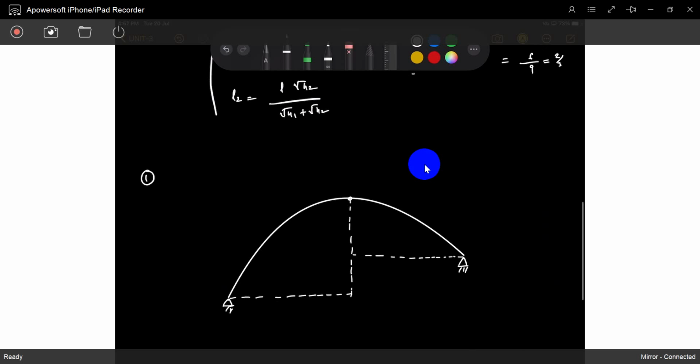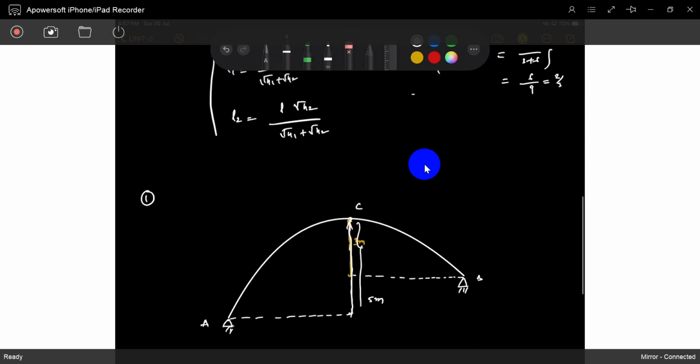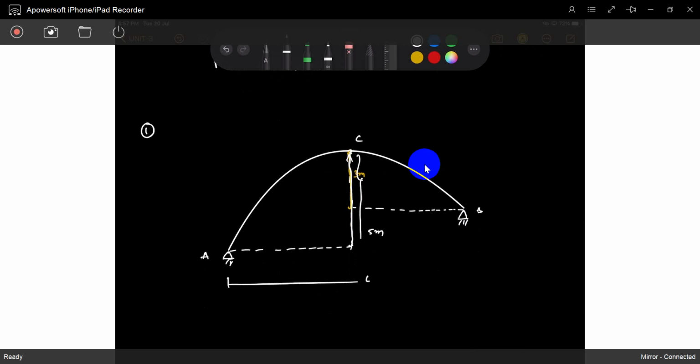It's a parabolic, so three-hinged parabolic arch, A, B, C. This is also a hinge. This is 3 meters, and this total is 5 meters. Later he said that the total span length is 40 meters.